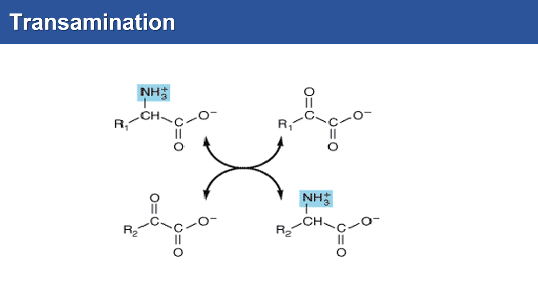During transamination, the amino group of the amino acid is transferred to a keto acid, which produces a new amino acid, and the original keto acid forms an amino acid. So this is the transamination reaction, done by a transaminase, and you can see that in this graphic.